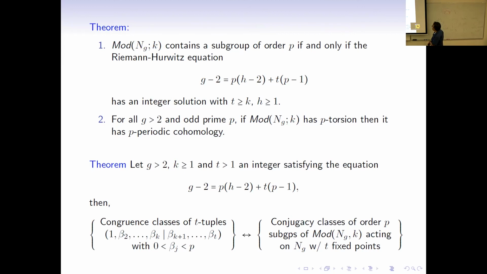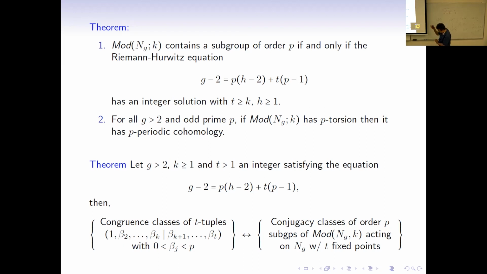Well, what about p-periodicity? First you have to ensure that the group contains p-torsion. If you have a subgroup Z/p acting on the surface, you can look at the quotient of the surface by this group and think of it as a ramified cover, so it had better satisfy the Riemann-Hurwitz equation.